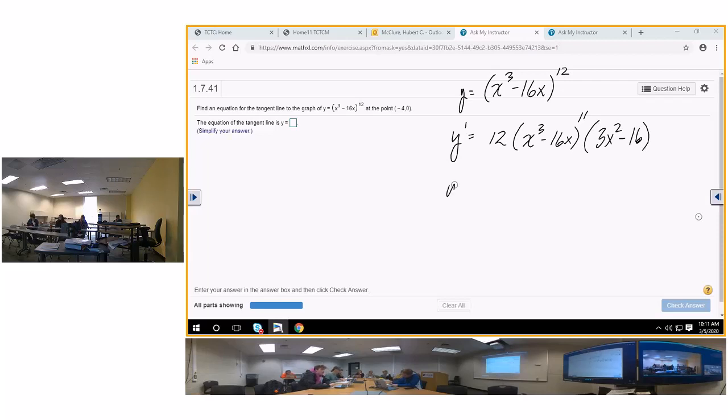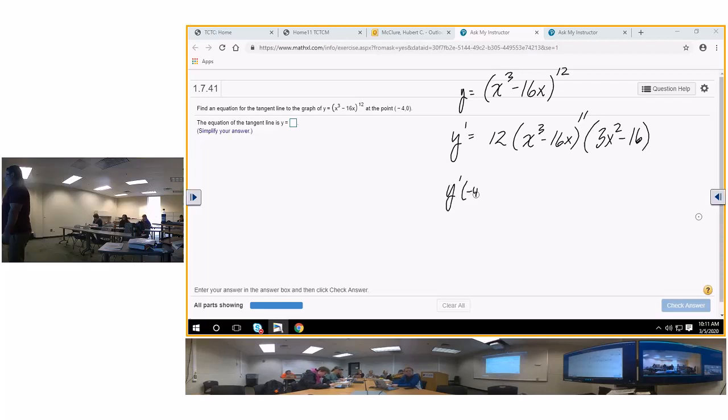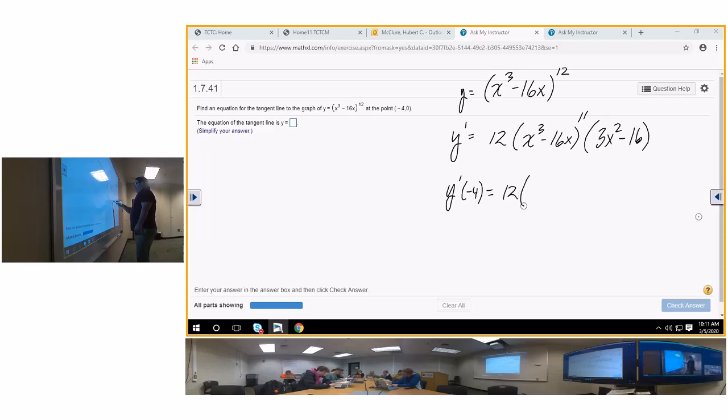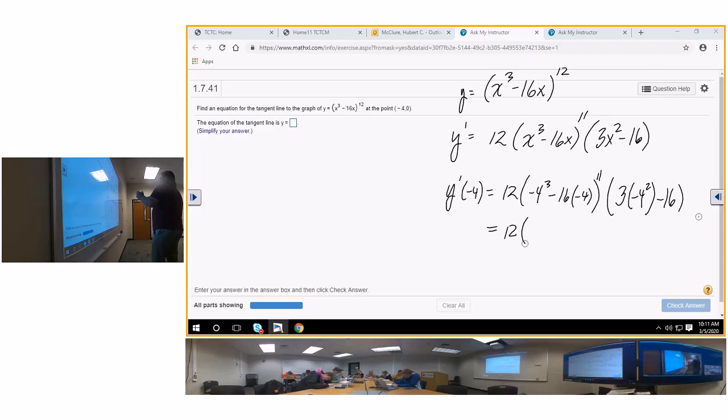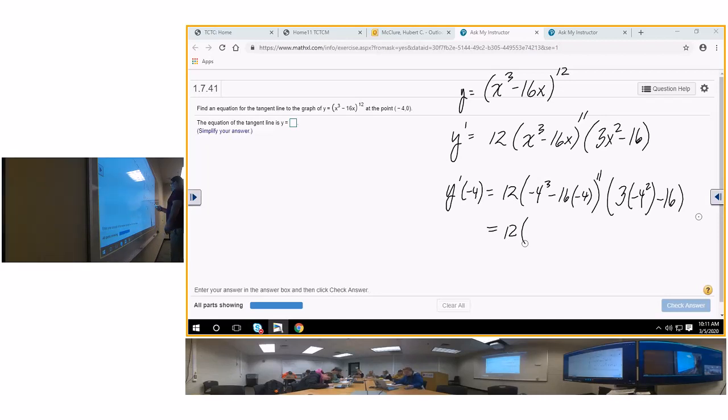Y prime of -4 is equal to 12 times -4 to the third power minus 16 times -4 to the 11th power times 3 times -4 to the second power minus 16. So that's going to be equal to 12. -4 to the third power is -64 plus 64.